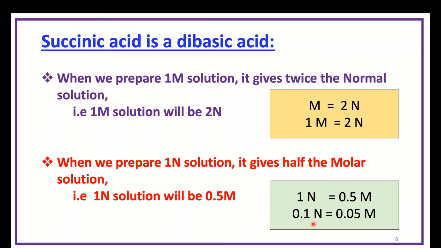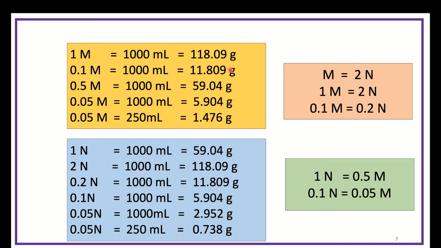So in the laboratory, if you have to prepare 0.1 normal succinic acid, its molarity will be 0.05 molar. If we want to counter-check, we prepare a one normal solution: 1000 ml requires 59.04 grams of equivalent weight, because it is normality.